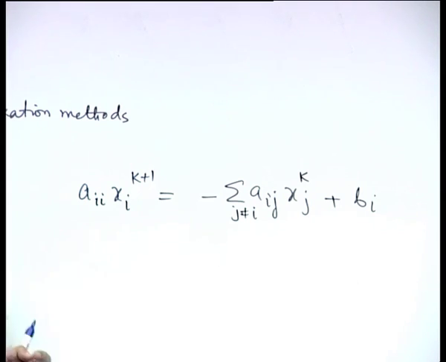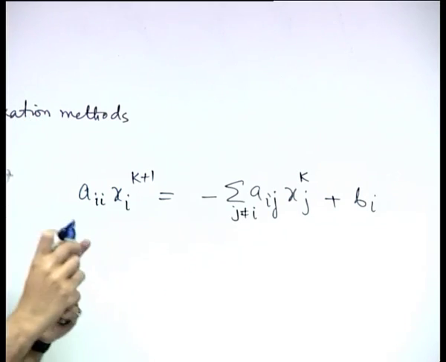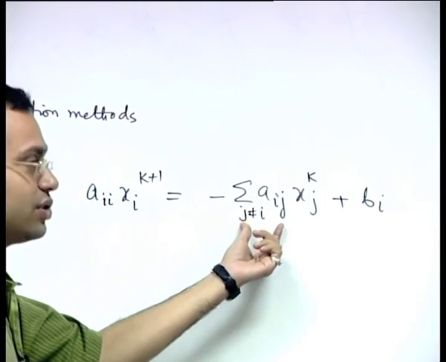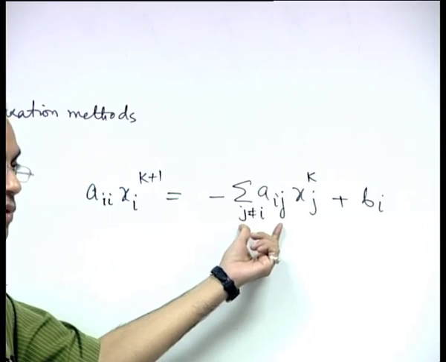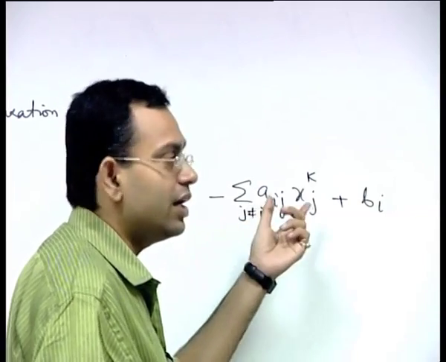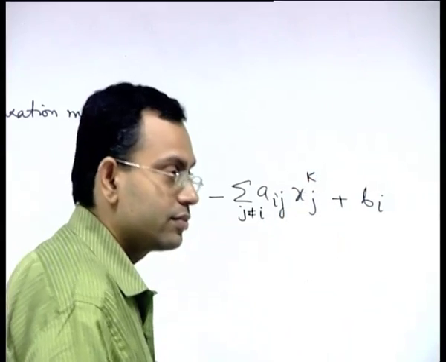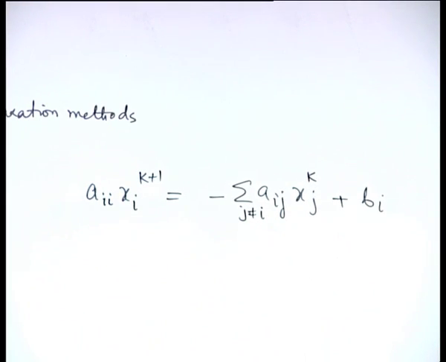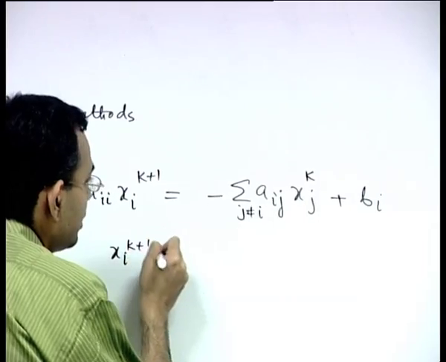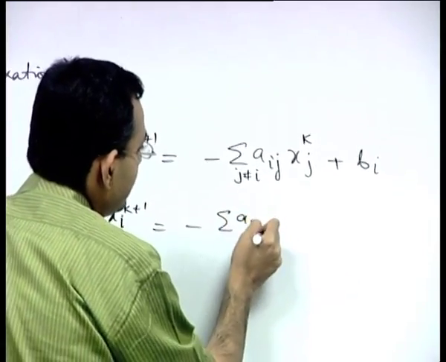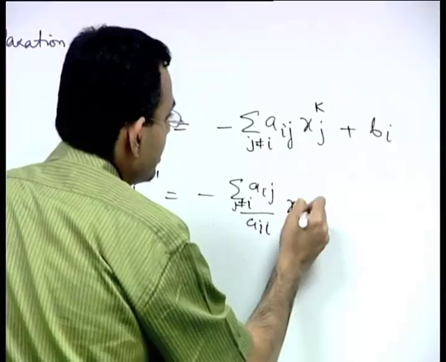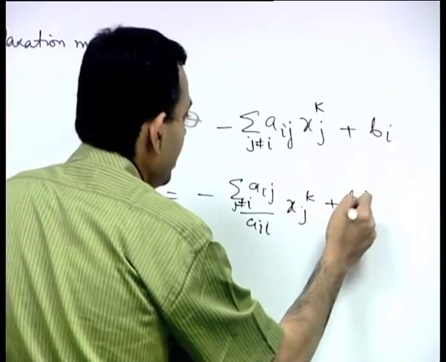So, remember it is L plus D plus U which is the matrix A, this corresponds to D and this corresponds to L plus U. In the Jacobi's method you have L and U together with the same level of iteration. So, x_i^(k+1) you can write as minus summation of a_ij by a_ii x_j^(k), j not equal to i, plus b_i by a_ii.